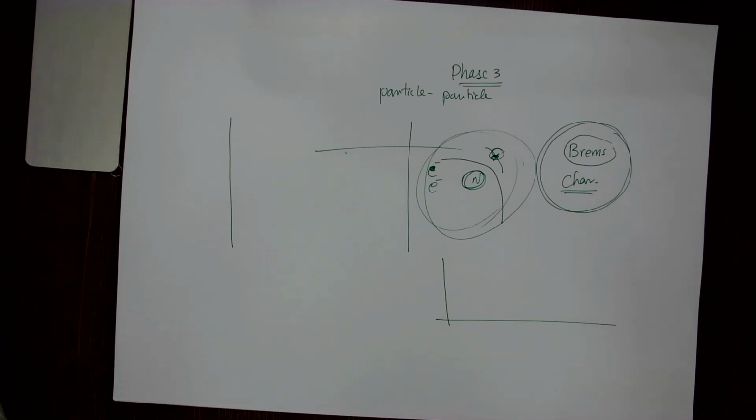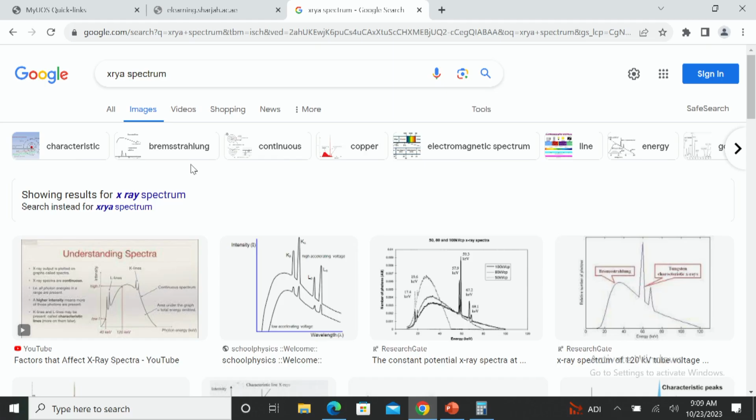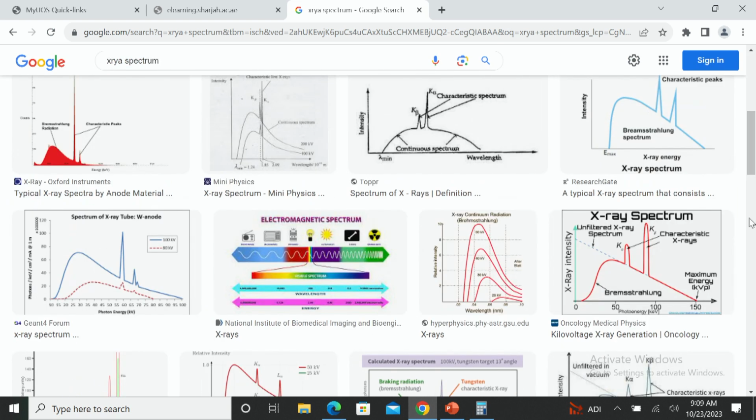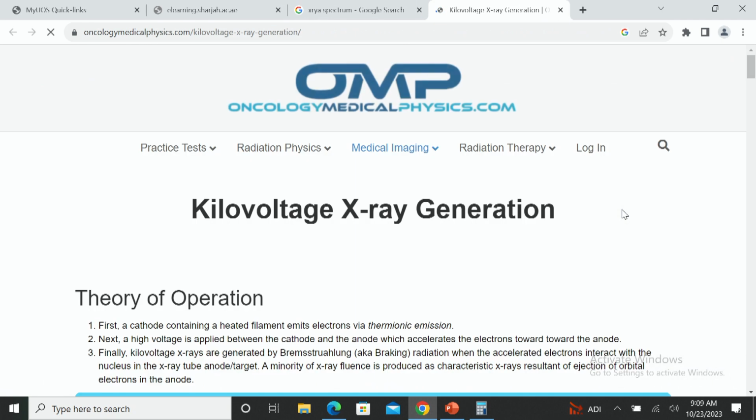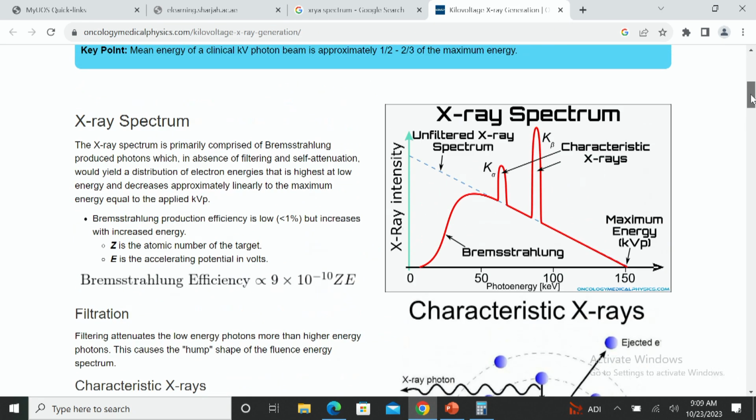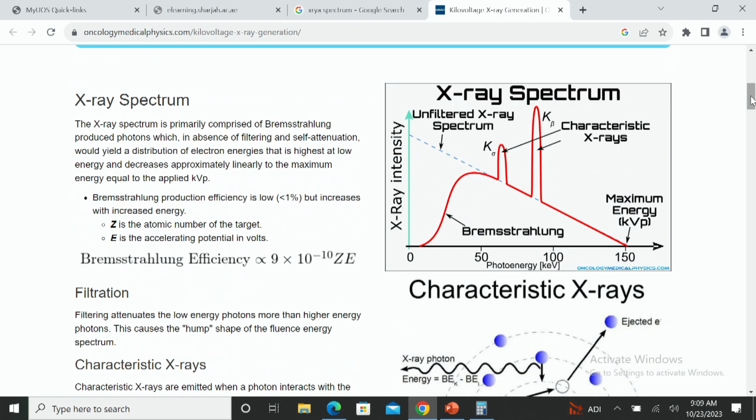X-ray spectrum. Okay, if you look here, there are a lot of them. And actually, let's look at this one here. So this is the X-ray spectrum that you can see on your screen.